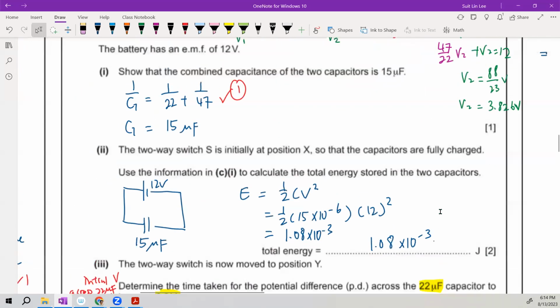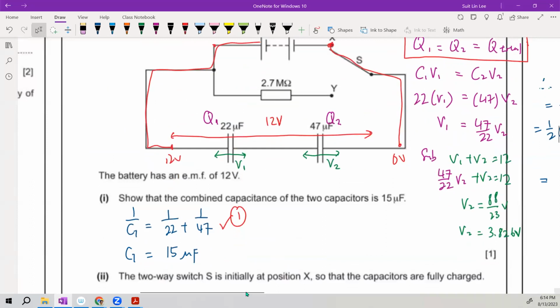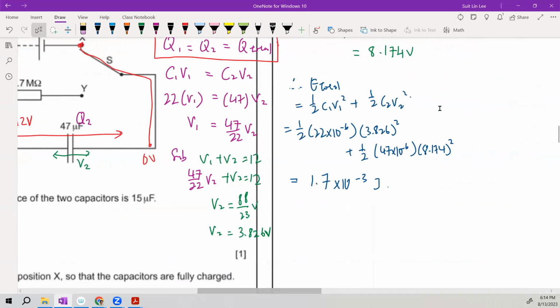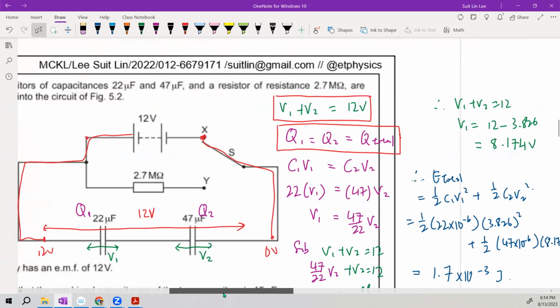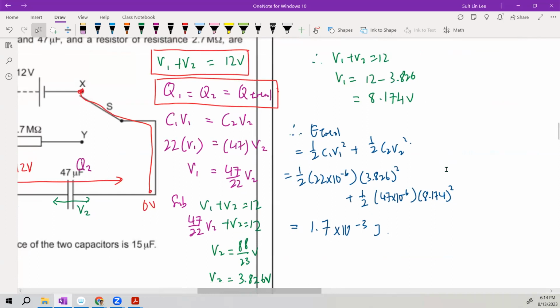Teacher, you calculated already in this very long-winded working. Yeah lah, I calculated already. V1 is 8.174, but then, oh, I substituted wrongly, you guys. Okay, hang on, let me fix this working first. So I already found V1, this is V1, 8.174.